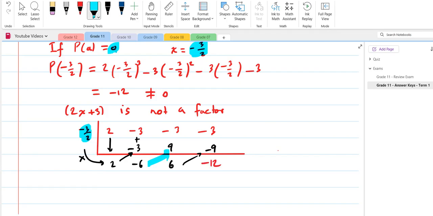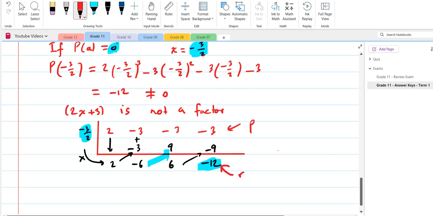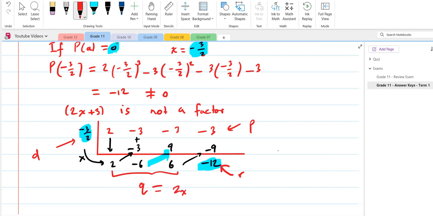So that's my remainder. Remember, this is the remainder, this is your polynomial, which is kind of like your divisor, and this is your quotient. So your quotient is 2x squared minus 6x plus 6. Let's write it down. 2x squared minus 6x plus 6.